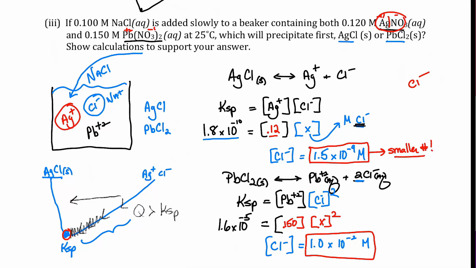So which number am I going to hit first as the chloride ion concentration increases by the addition of the sodium chloride? Well, it's going to be the smaller number. It's going to take a lot more chlorides to be added for this to reach the threshold. So that tells me that silver chloride is going to precipitate first, because it requires a much smaller chloride ion concentration in order for its Q to be bigger than K and cause the precipitation, or the reverse reaction, to be more spontaneous.